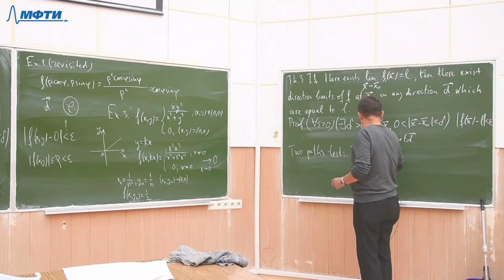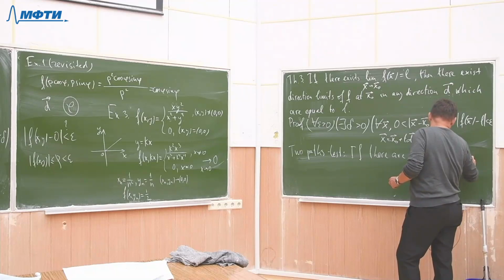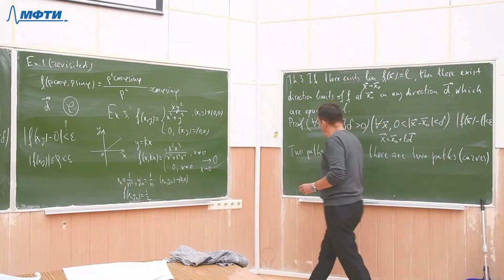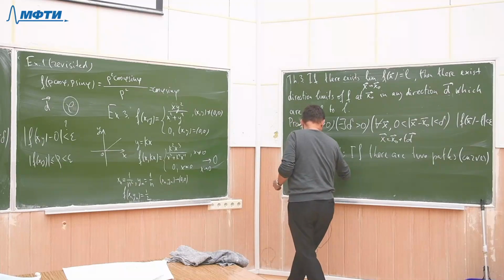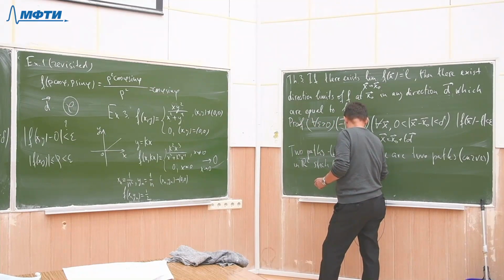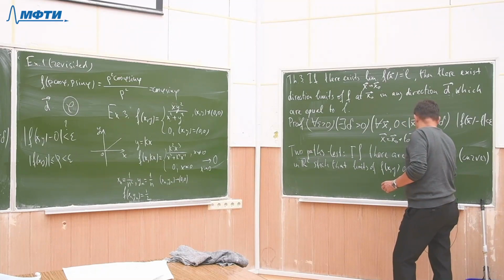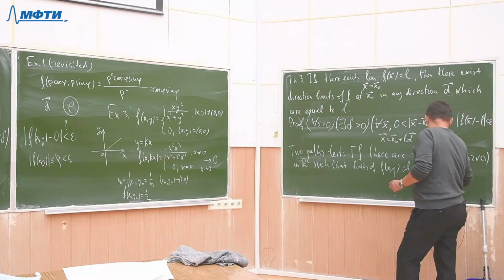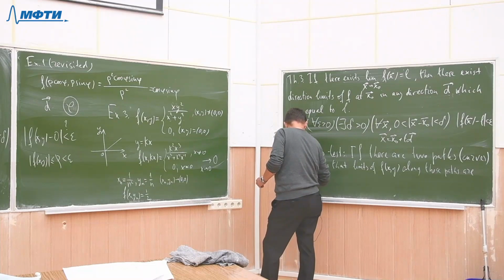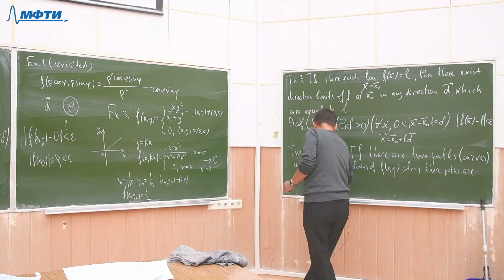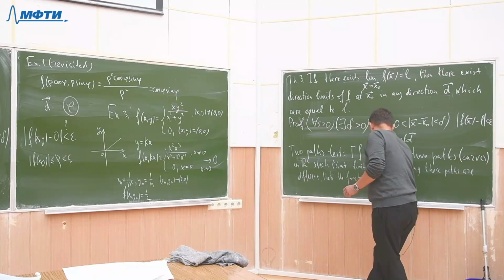If there are two path curves in R2 such that the limit of f of x, y along those paths are different, then the function has no limit.